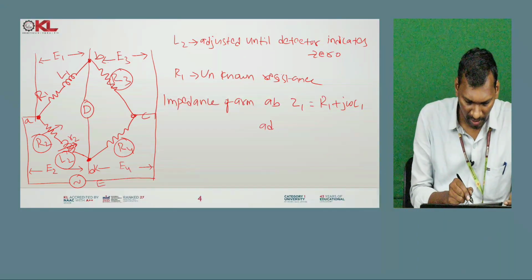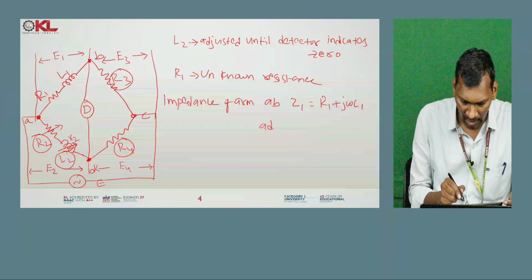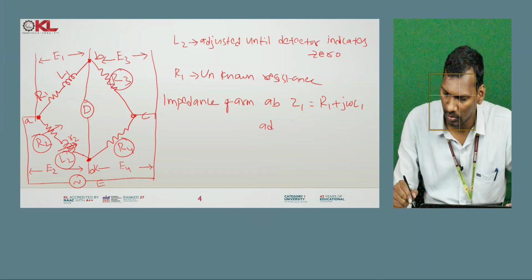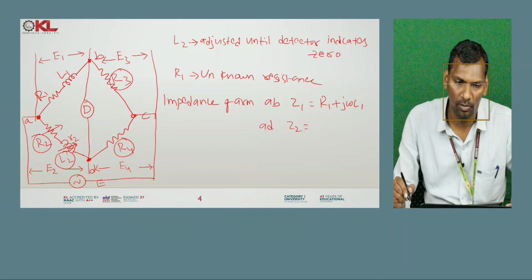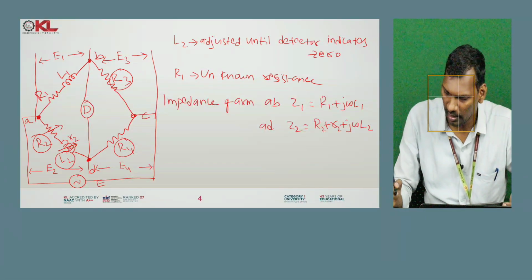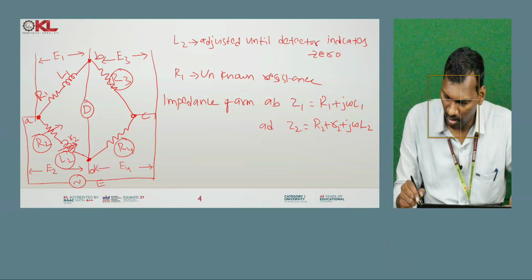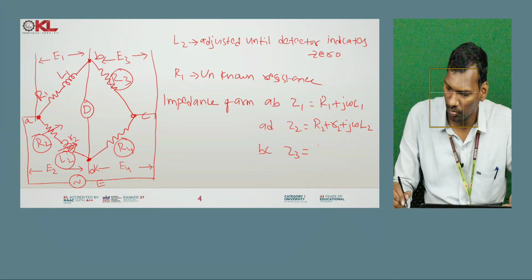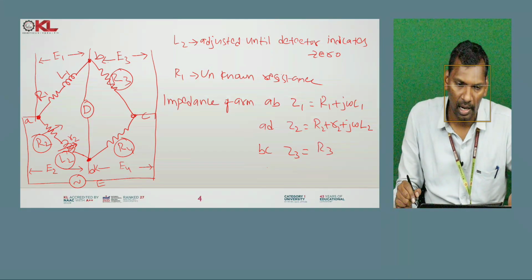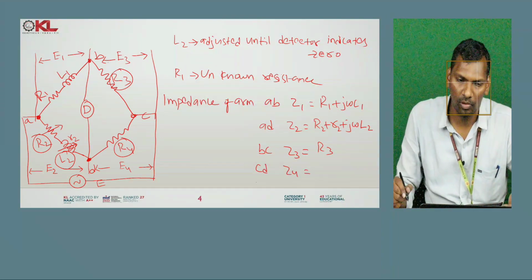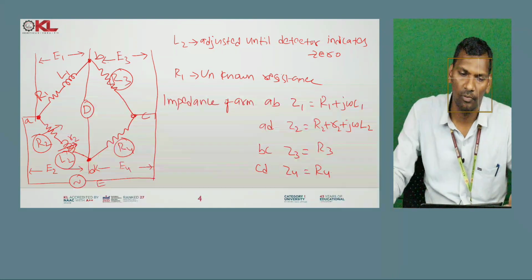So here it is having an R2, an inductance having its value of L2 and an internal resistance of r2. So let us say that Z2 is equal to R2 plus r2 plus j omega L2. Similarly for arm BC, Z3 is equal to R3, and for CD, Z4 is equal to R4.